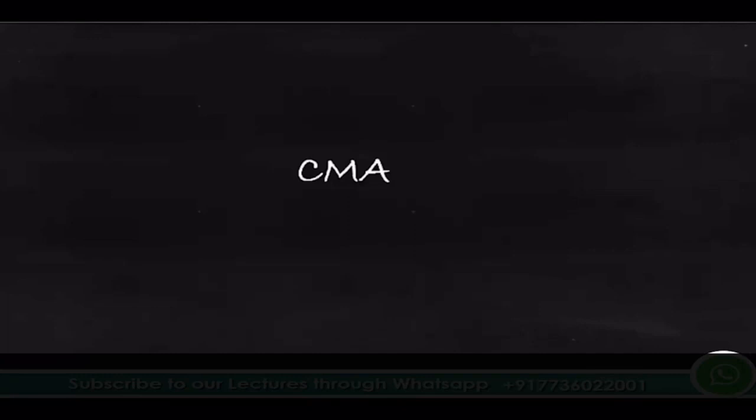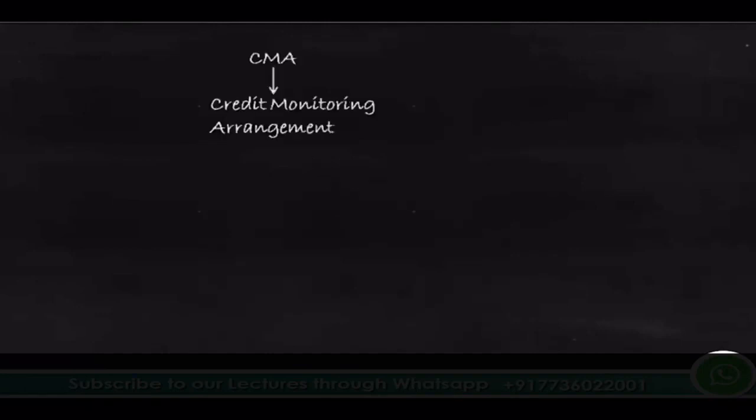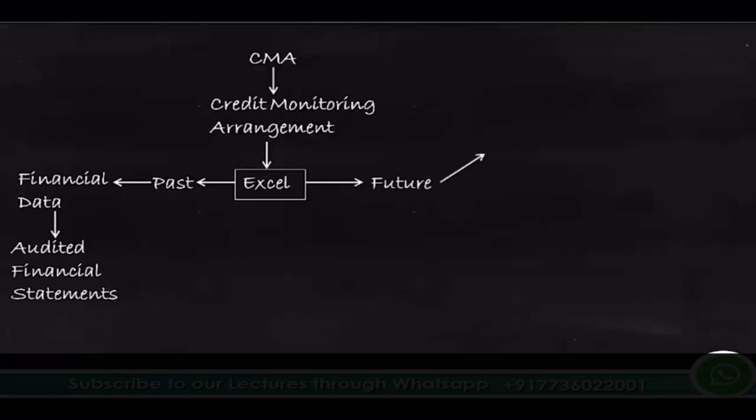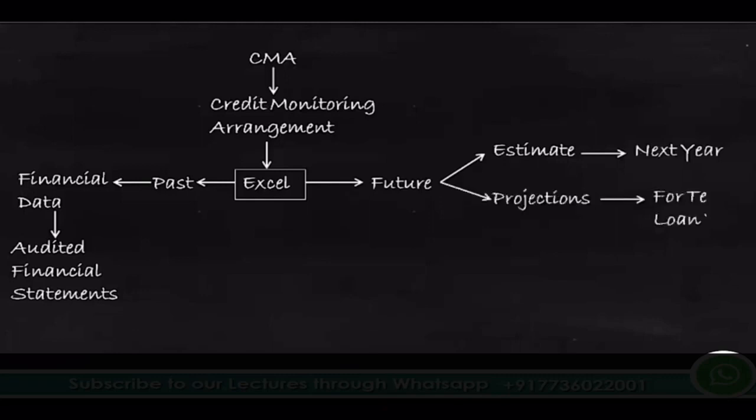Friends, in this session we'll be understanding what is CMA. In banking, CMA is called Credit Monitoring Arrangement. This is nothing but an Excel sheet which will give information about the past of the customer in financial data, which is basically lifted from audited financial statements, and it will also give a picture about the future, that is what they are having as estimate for the immediate future, say that's next year, and what they have as long-term plans for their term loan tenors, which are called projections.